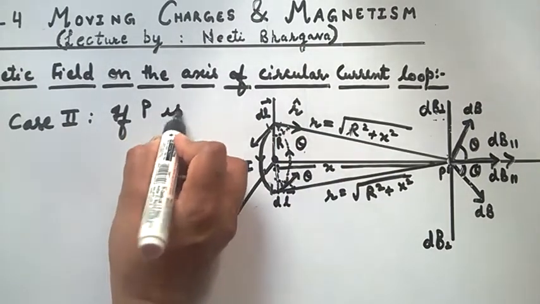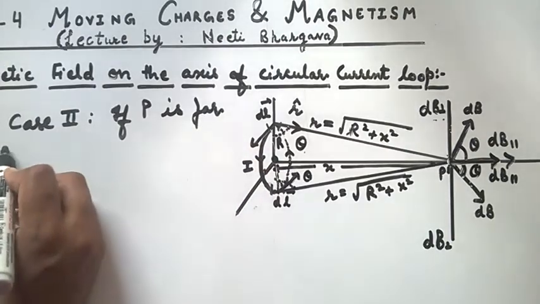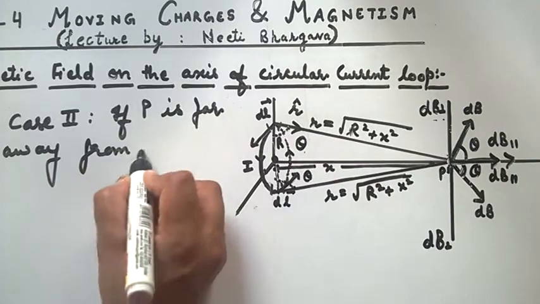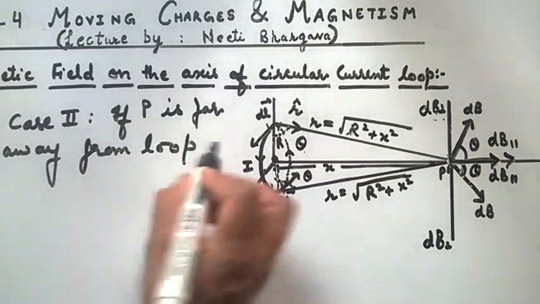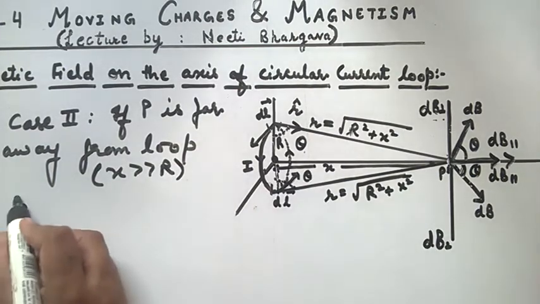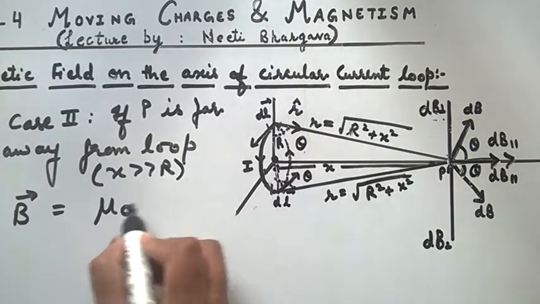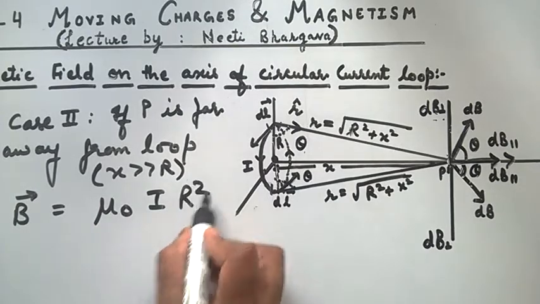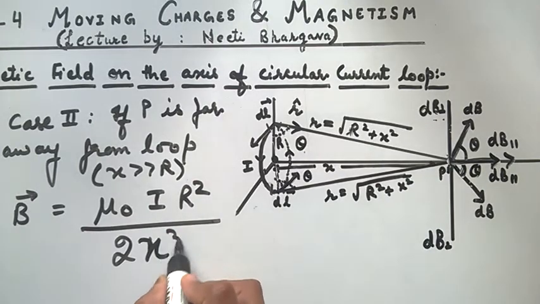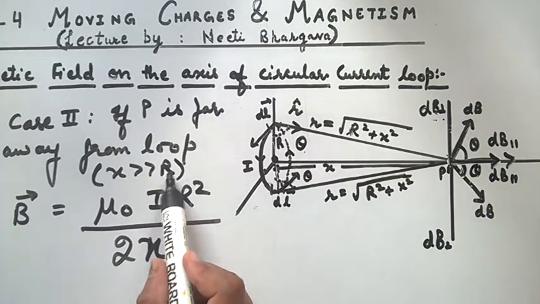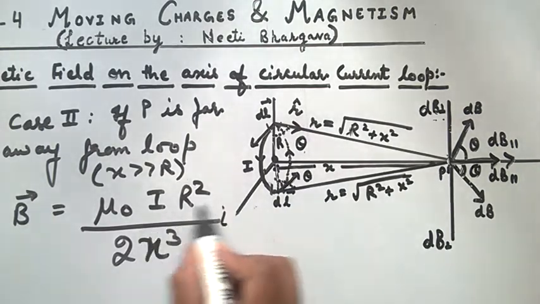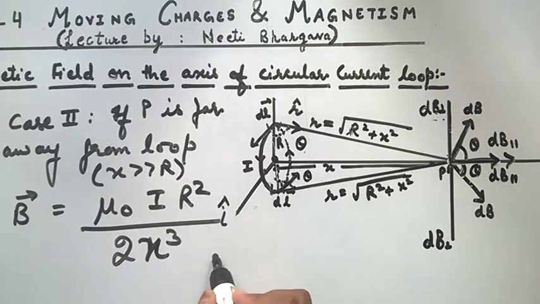If P is far away, therefore the magnetic field is equal to mu naught I R square by 2 x cube, because here we will neglect radius of a circle, and this is equal to mu naught I R square upon 2 x cube i cap.